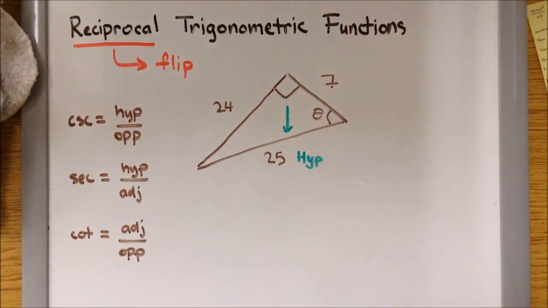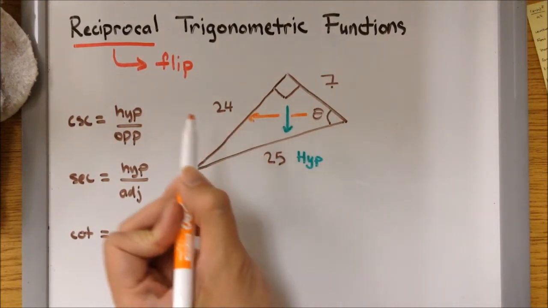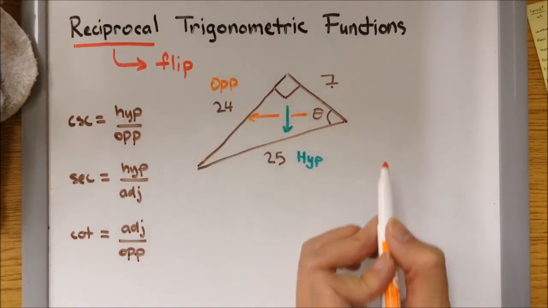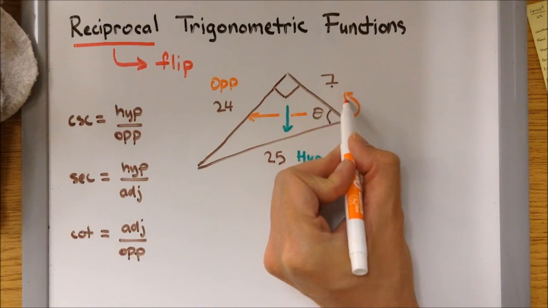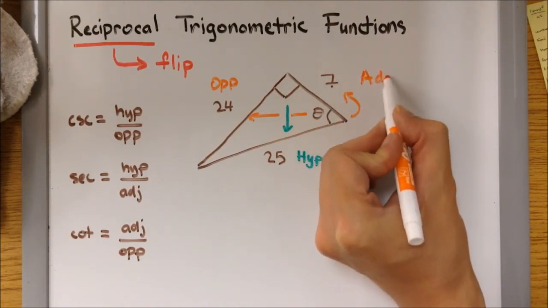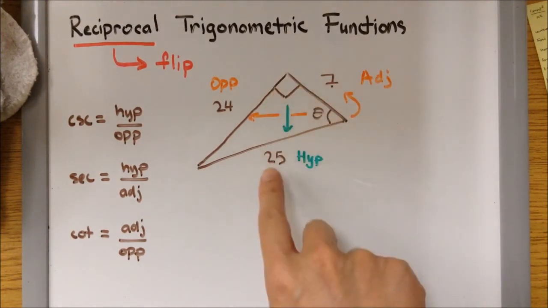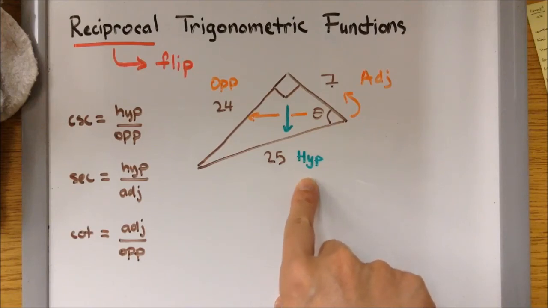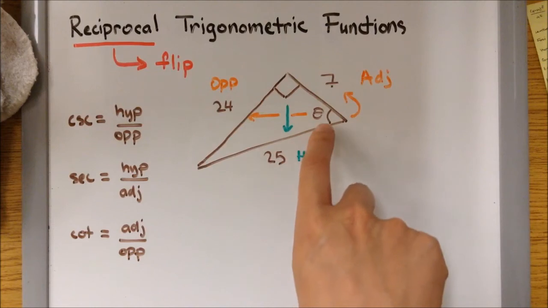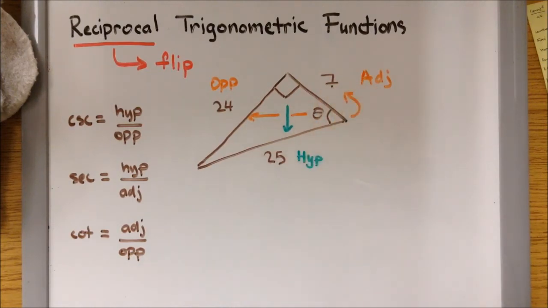Now according to angle theta, what's across from it, opposite, the 24, that would be the opposite side. What's next to angle theta, the 7, that would be adjacent. So to review with this triangle, across from the right angle, 25, hypotenuse. Across from angle theta, 24, opposite. What's next to the angle theta, 7, that's adjacent.